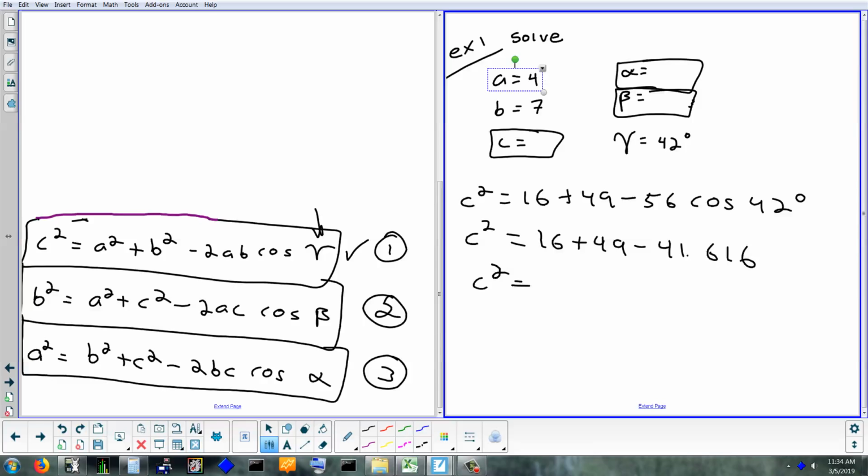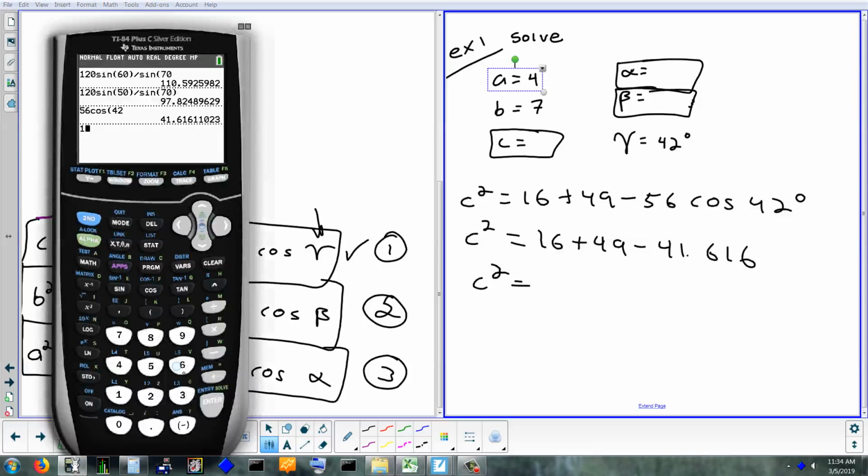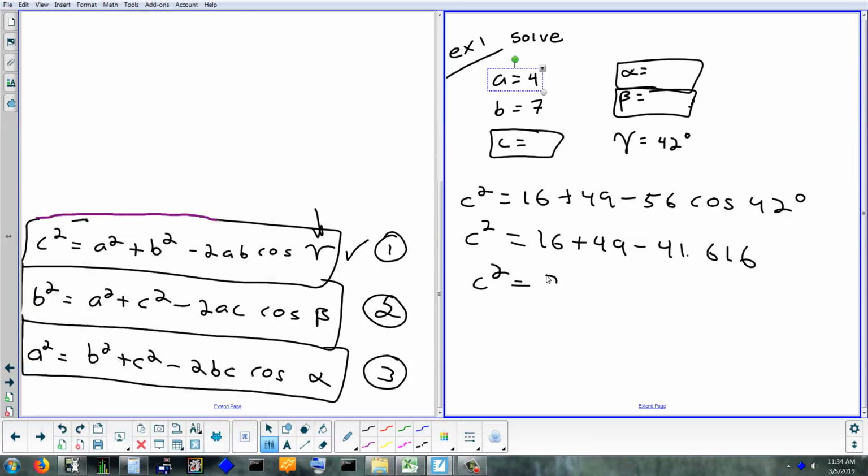Now we just do addition and subtraction in the order you see it from left to right. Okay, so we could just type that all in. 16 plus 49 minus 41.616. That gives me 23.384.